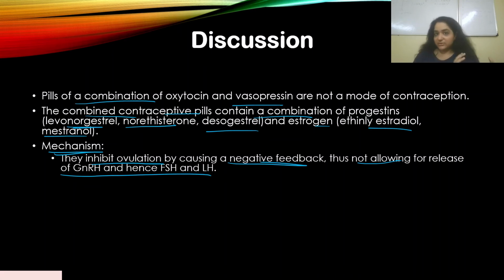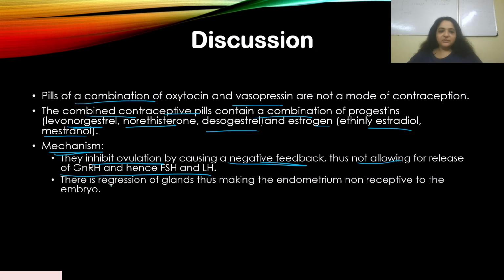We know the normal physiology now, right? How it works in a normal menstrual cycle. But now we are disrupting the ovulation period by increasing the levels of hormones in the blood. There's regression of glands, thus making the endometrium non-receptive to the embryo, so it affects implantation of the blastocyst.